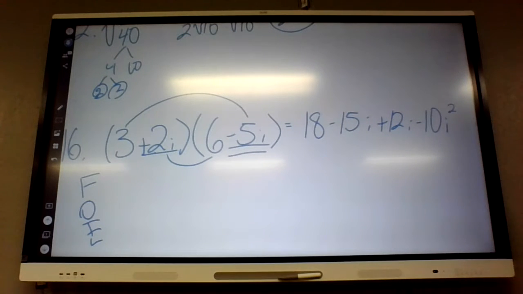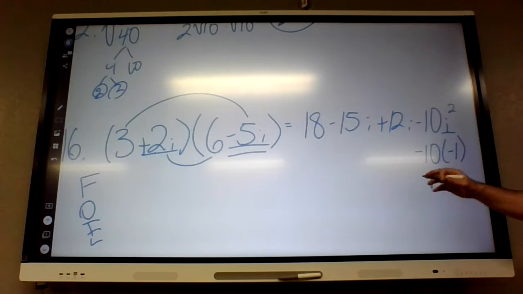I times I. Well, you guys remember what's special about this problem? I squared really just equals negative 1. Anytime you see an i squared, you're supposed to turn it into negative 1. So what will that minus 10 turn into? A plus 10.